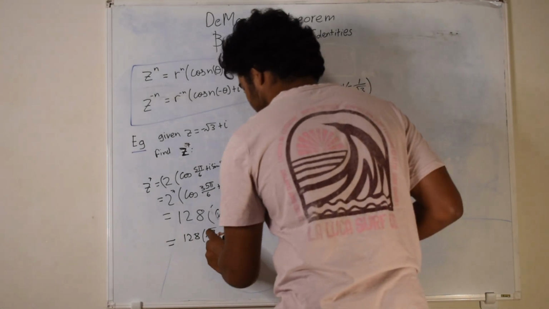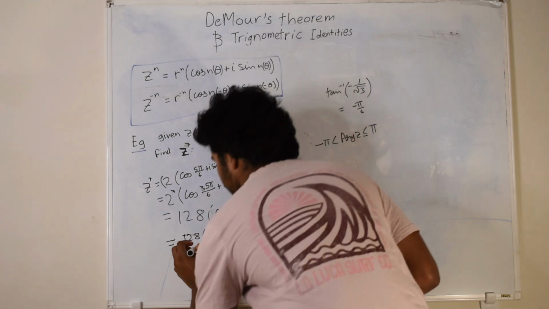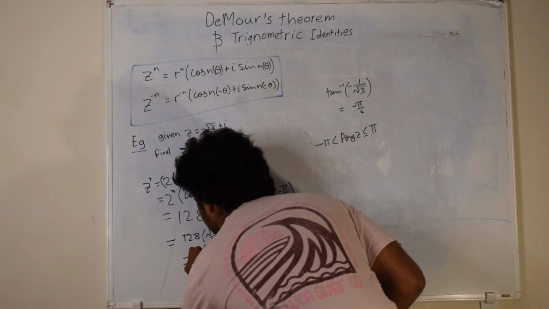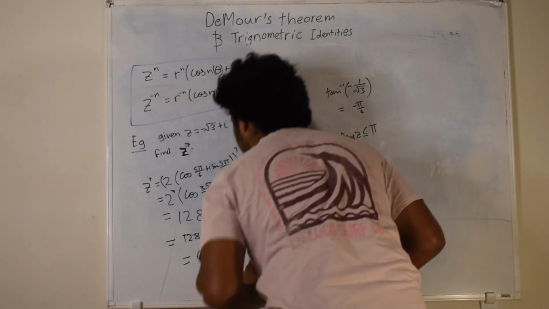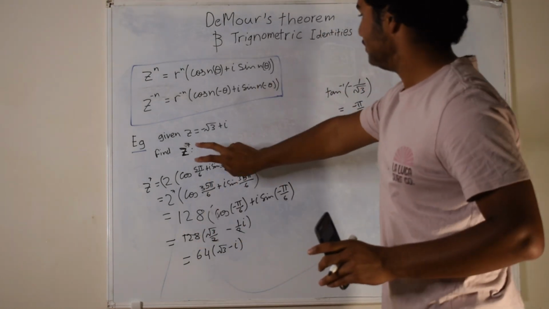If we cancel out the 2s with 128, we get 64 brackets root 3 minus i. So that's your final answer to that question right there.